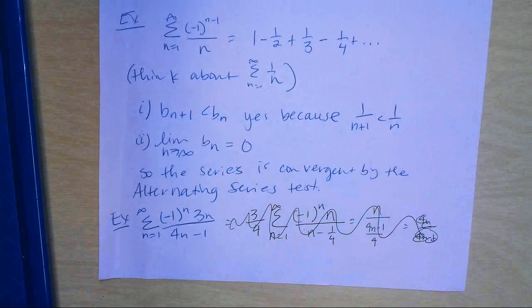How are we going to tell if something is decreasing? In calculus, how did we learn to tell something is decreasing? If the derivative is negative. So let's real quick find the derivative.